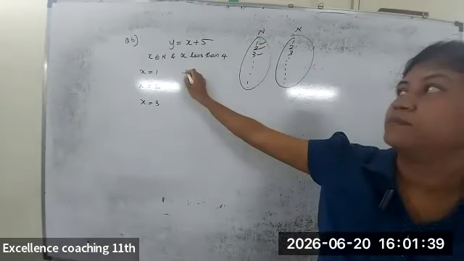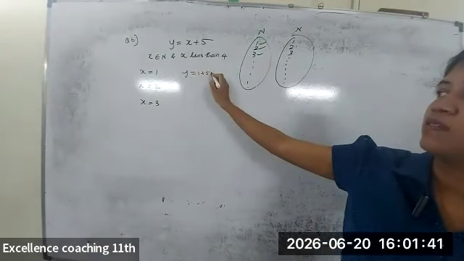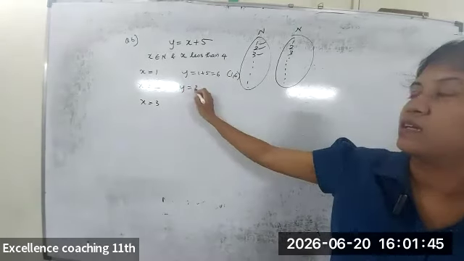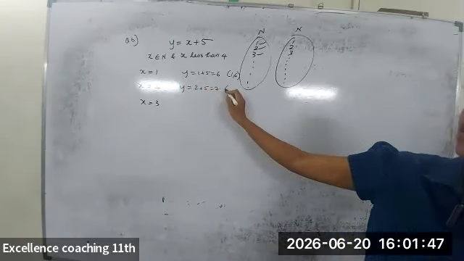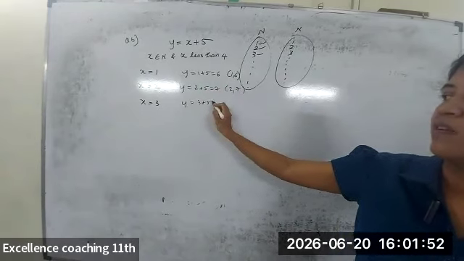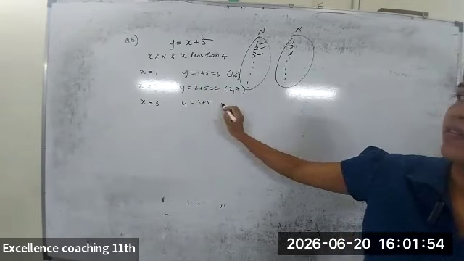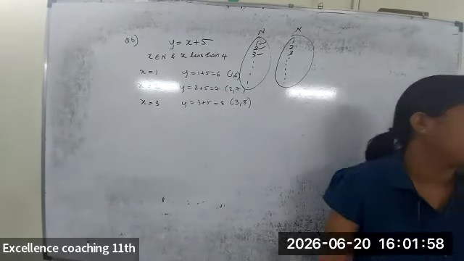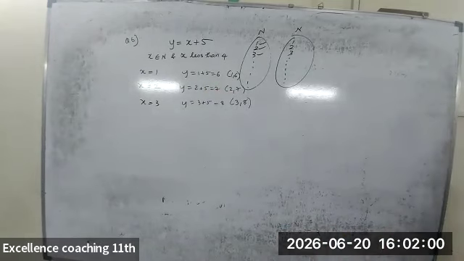So y will be... now write it in roster form, write the domain, write the range, write a codomain also.